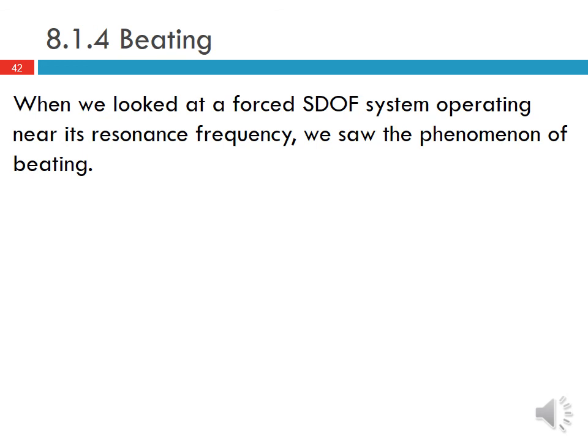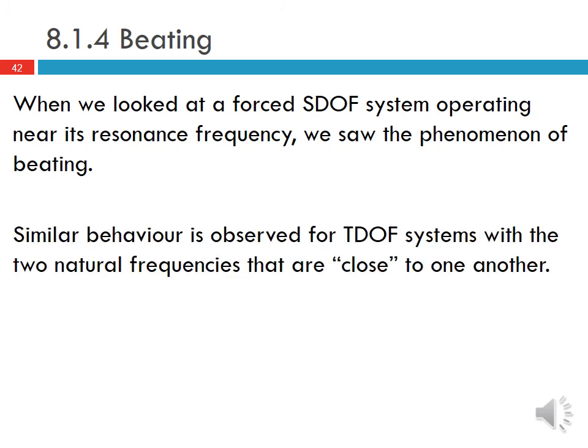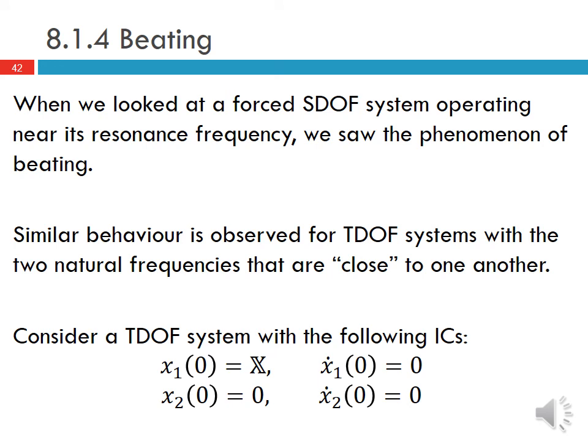Now, we can talk about the concept of beating. When we looked at a forced single degree of freedom system operating near its resonant frequency, we saw this phenomenon. A similar behavior can be observed with two degree of freedom systems with two natural frequencies that are close to one another. So let's consider a two degree of freedom system with these initial conditions.